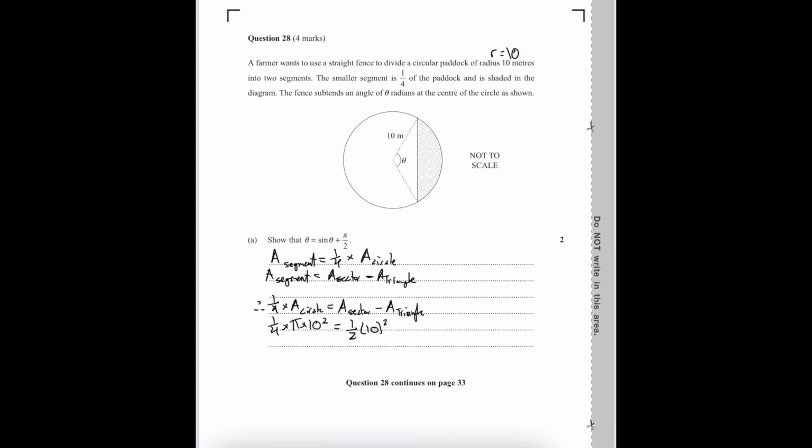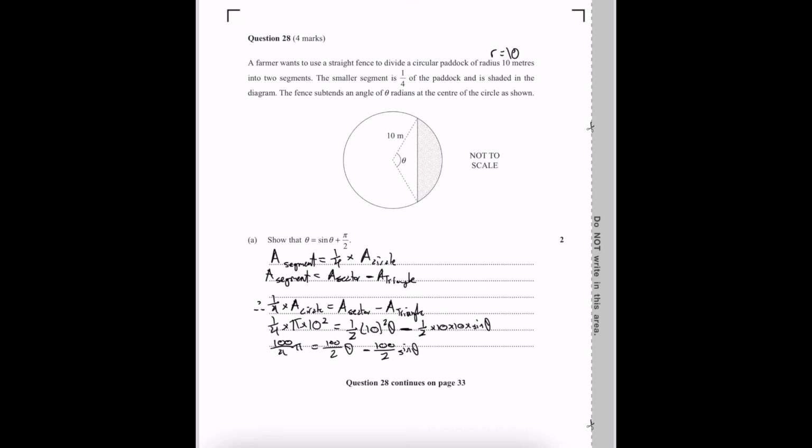So half times 10 squared theta minus the area of the triangle, which by the sine rule is going to be half times 10 times 10 times sine theta. So what we get is 100 on 4 pi equals 100 on 2 theta minus 100 on 2 sine theta.